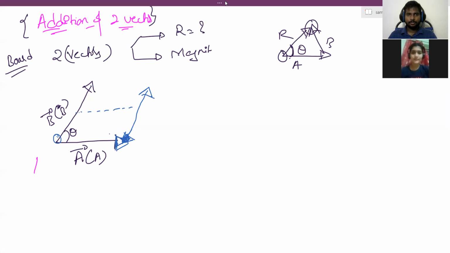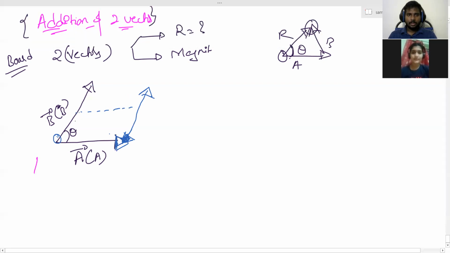I kept this tail here so that I can add easily. So this tail is kept on this head, and now this is the resultant, right? Now the resultant of these two vectors is like this.